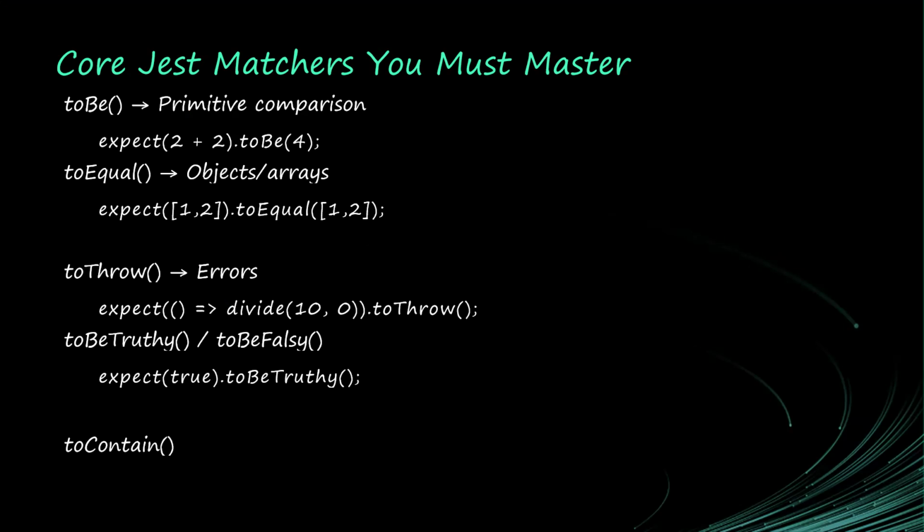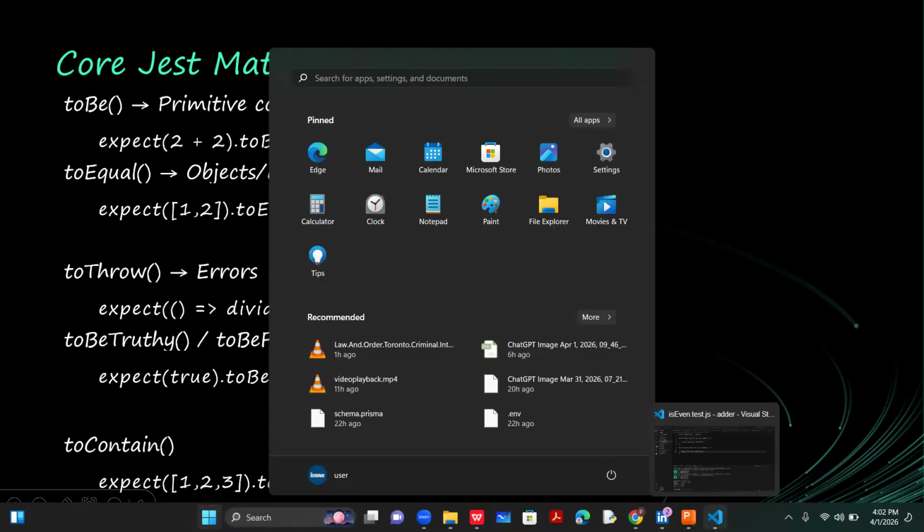If you also want to check an array, maybe you want to check if an item is contained in an array, or maybe if an object contains anything, you can also use to contain. We could even try a string. I have not tried it before, but let's give it a try.